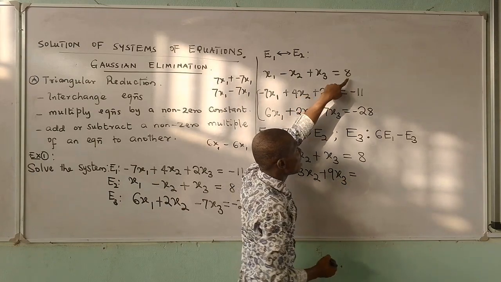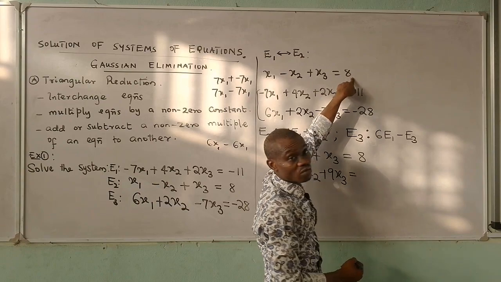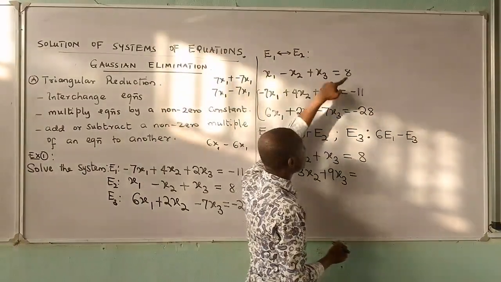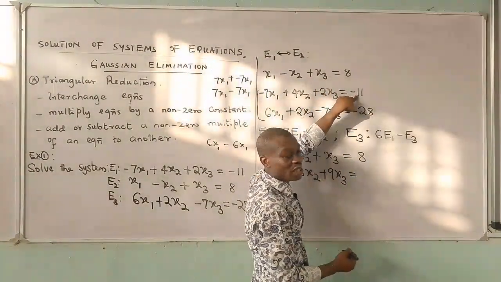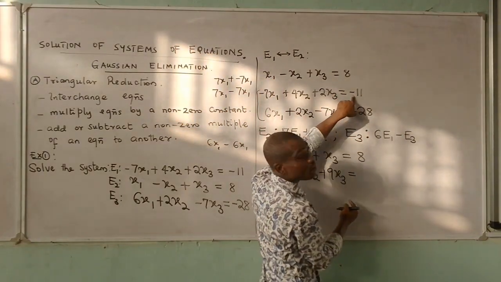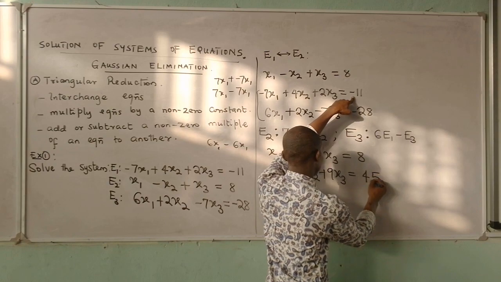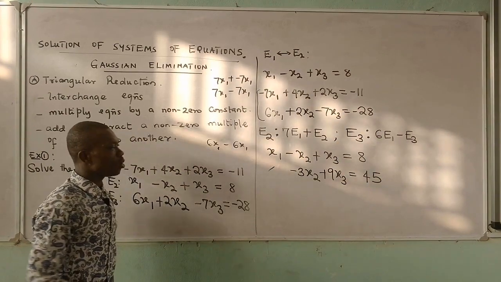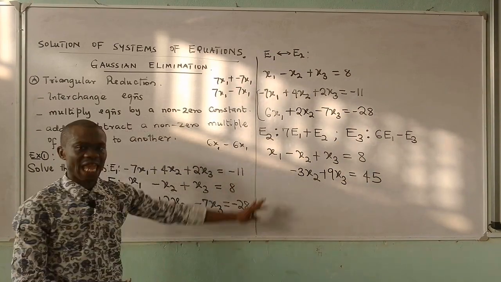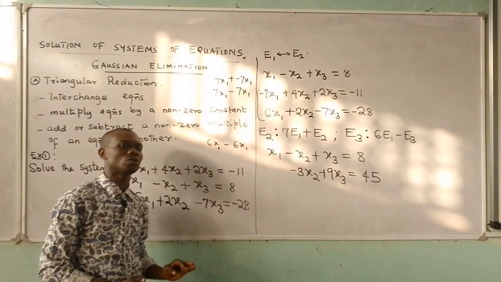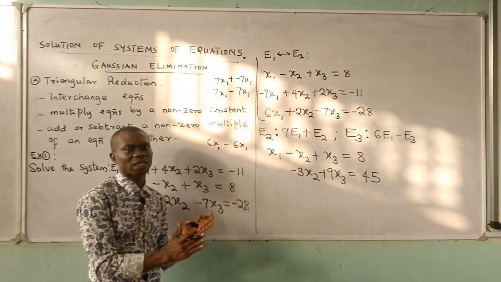And then I have 8 here, 7 multiplying 8. Okay, so 56, I will add it to minus 11, and that will give me 45. Okay, so that means I've eliminated x1 in the new equation 2. I hope you are getting what we are saying now.